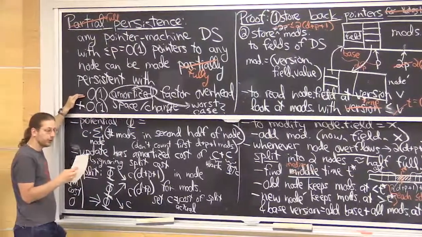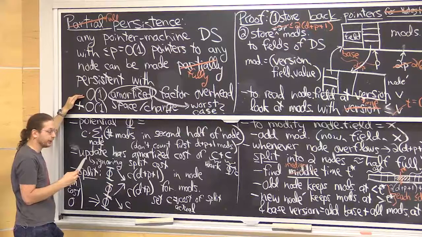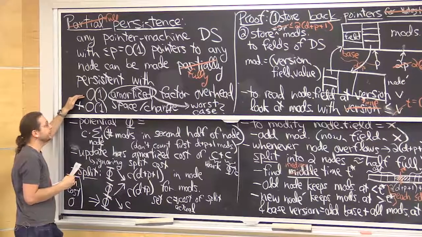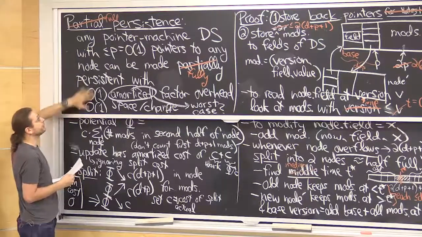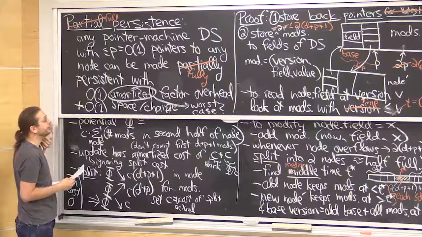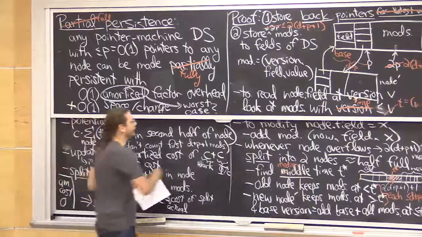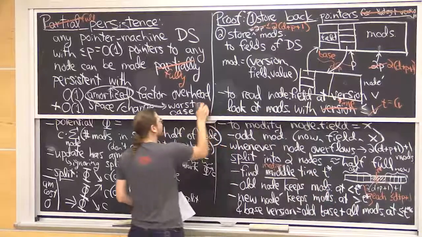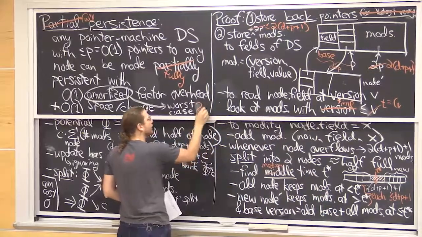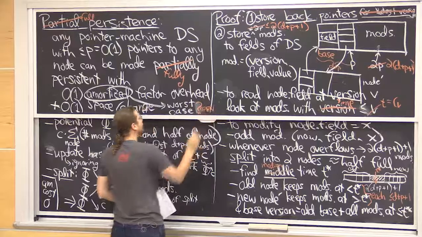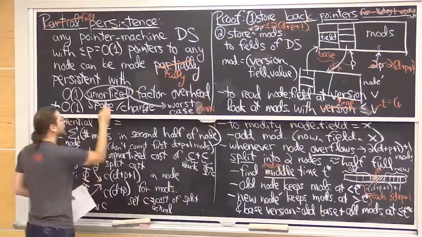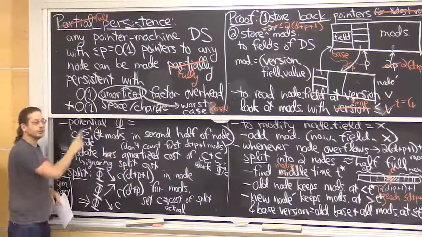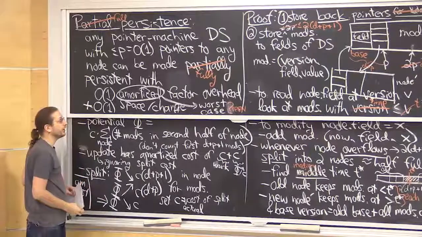This is a result a decade later by Gerth Brodal. But for full persistence, which is what's currently written in red here, so maybe actually I'll write worst case in white. In the red case, which is the full persistence, there's a question mark. This is open. Can you achieve worst case factor overhead with the full persistence that we just saw?